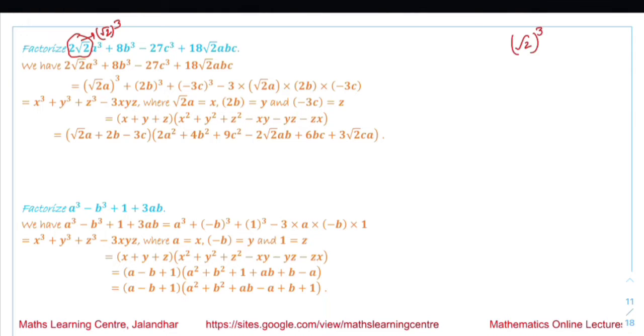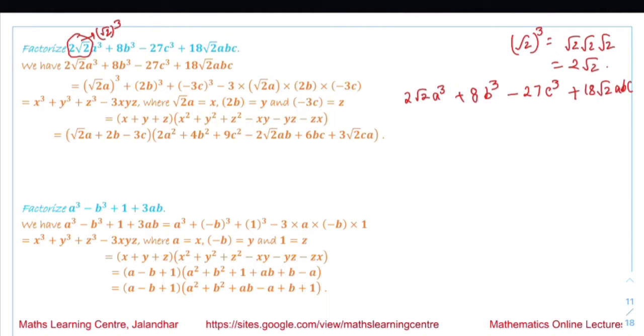When we cube this, it will be root 2 into root 2 into root 2, so that will be equal to 2 root 2. So the question we have is square root 2a cube plus 8b cube minus 27c cube plus 18 root 2abc.